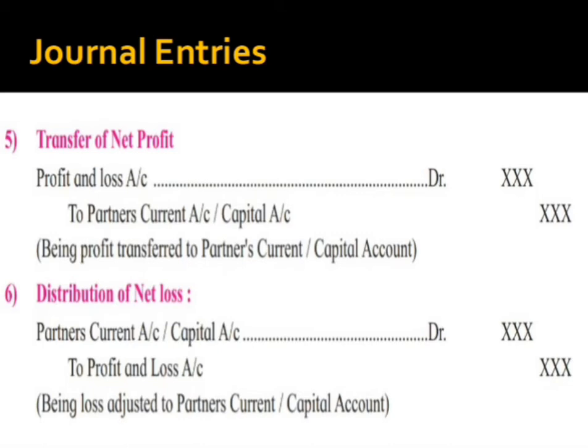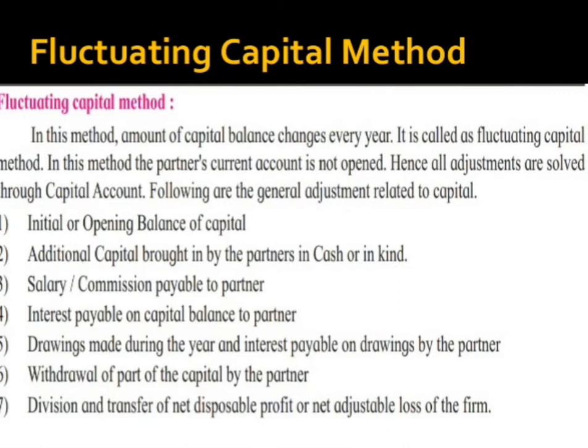Distribution of net loss: when there is a loss, we debit partner's current account or capital account, and credit profit and loss account. In the next slide, we will see the fluctuating capital method.